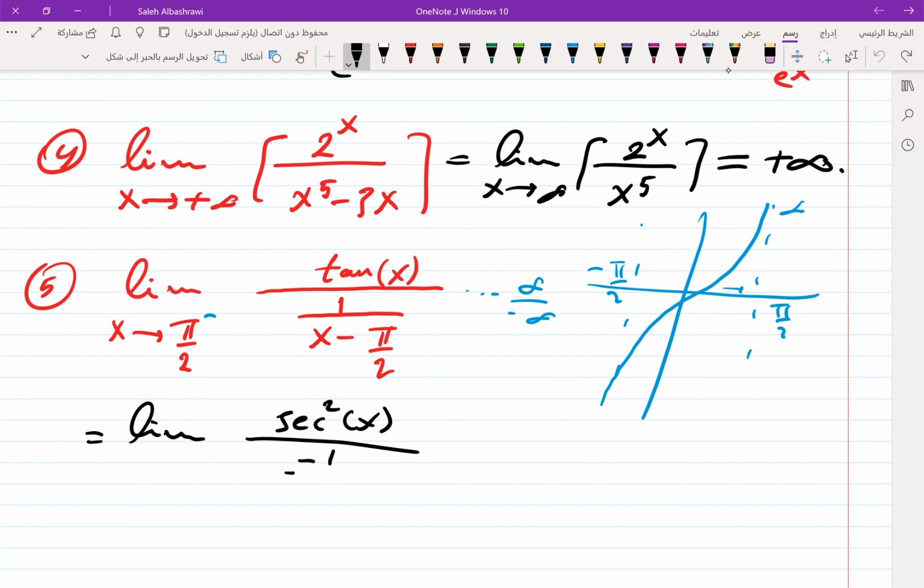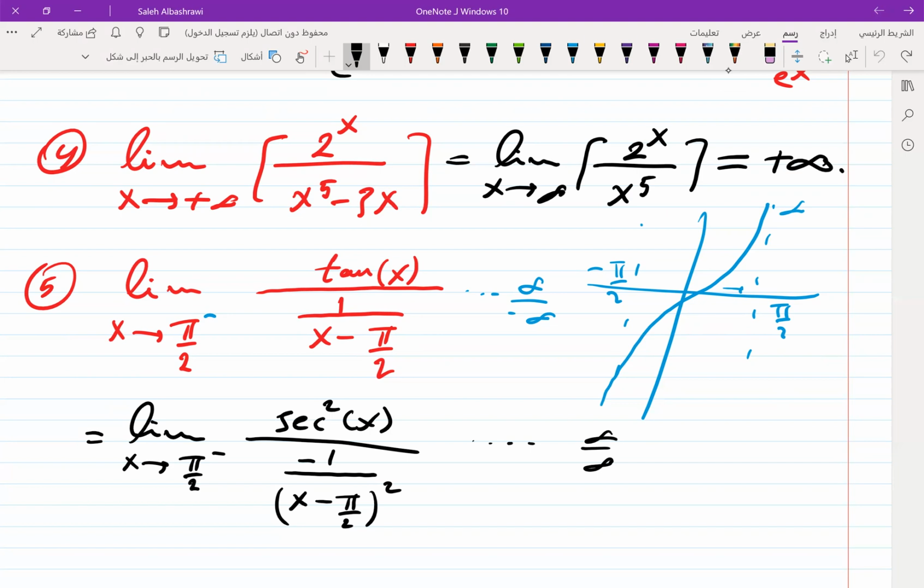It will be minus 1 divided by x minus pi over 2 square, as x goes to pi over 2 from the left. Now if we replace x by pi over 2, it is infinity over infinity again.